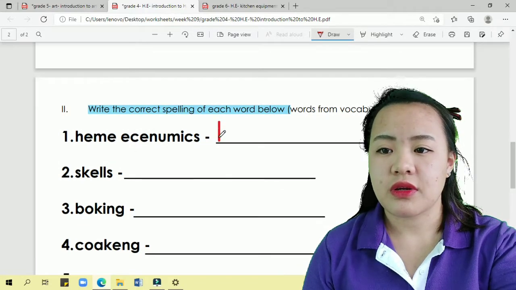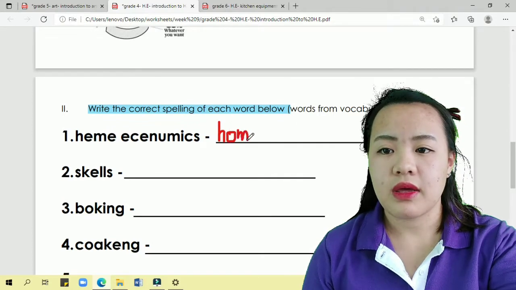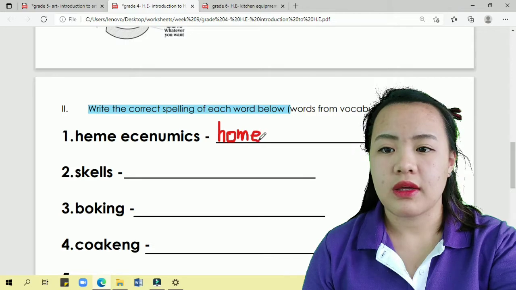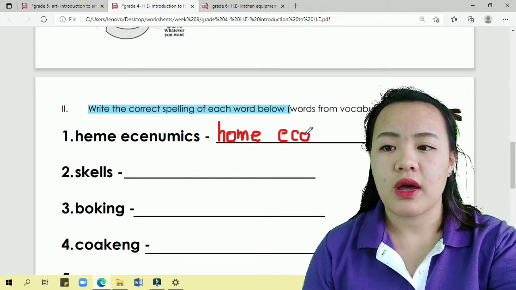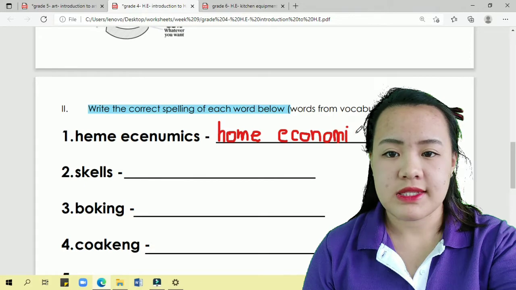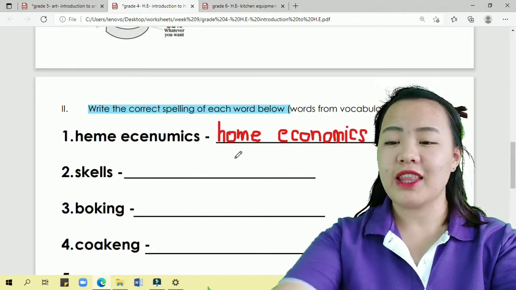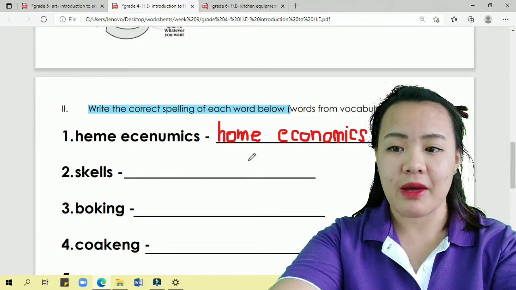H, O, M, E, E, C, O, N, O, M, I, C, S. So you're going to write the correct spelling of home economics.